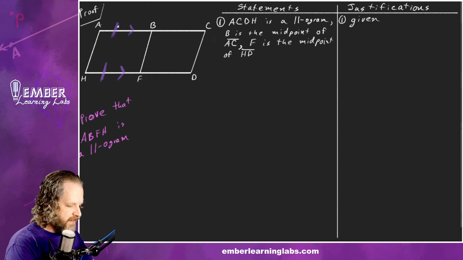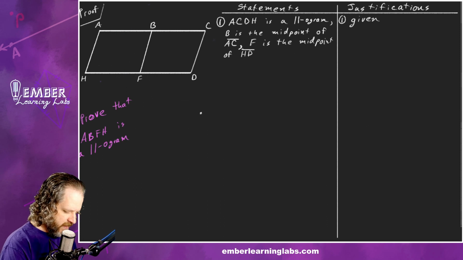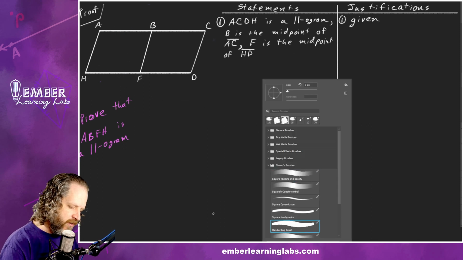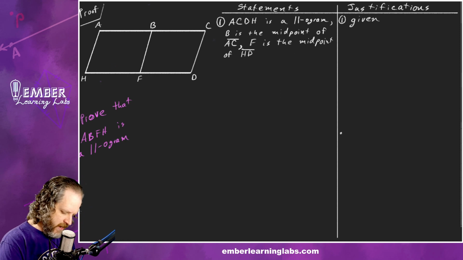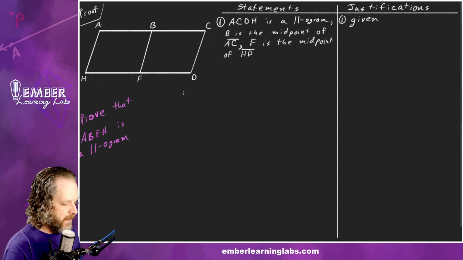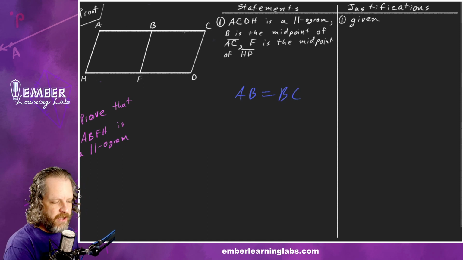What I do need to think about is how can I get that these are congruent? So then I'm going to start kind of jotting through what I have, and I'm not going to worry about writing down every justification. Okay, so I know that AB equals BC, because midpoint, right?